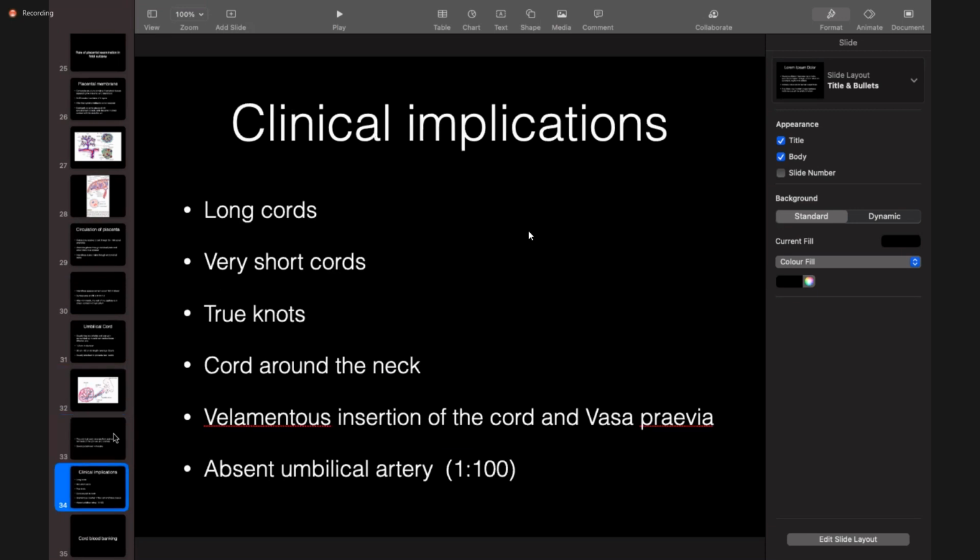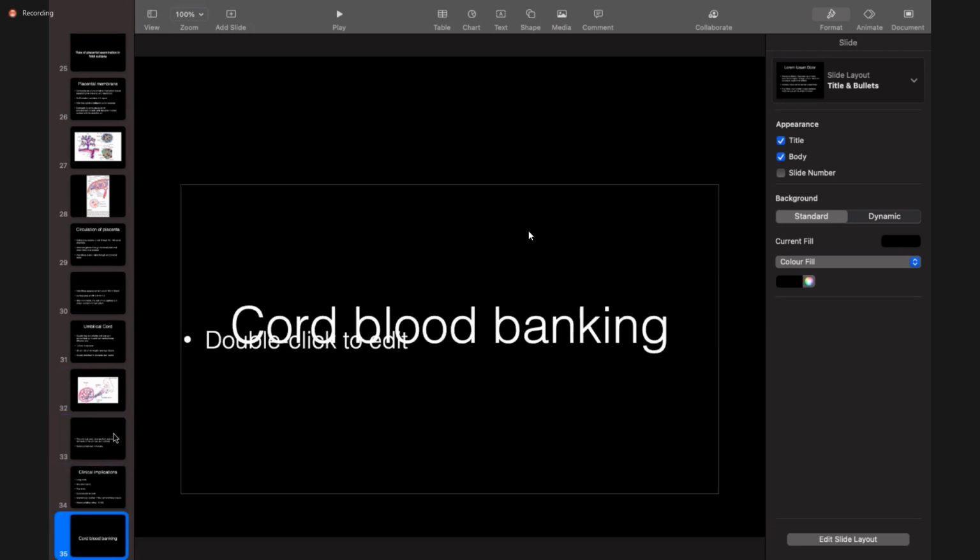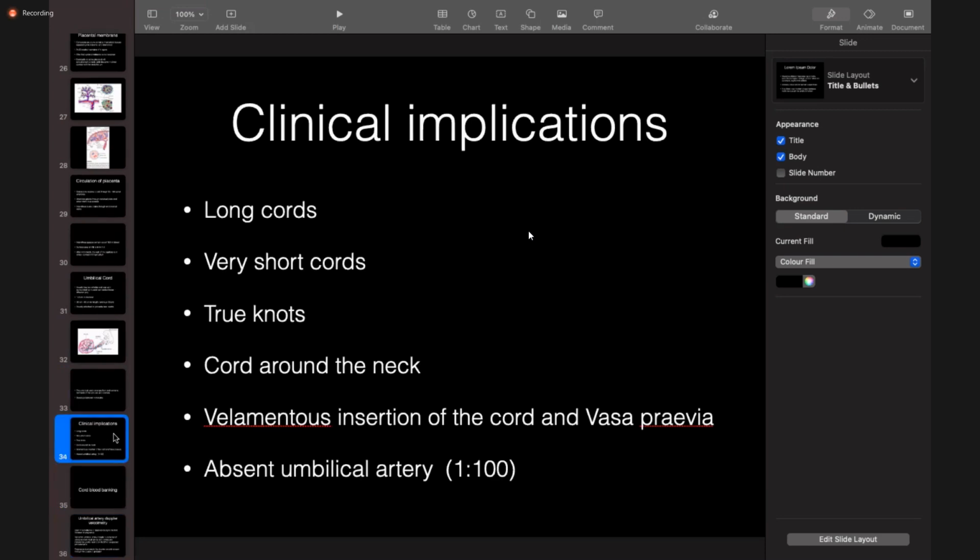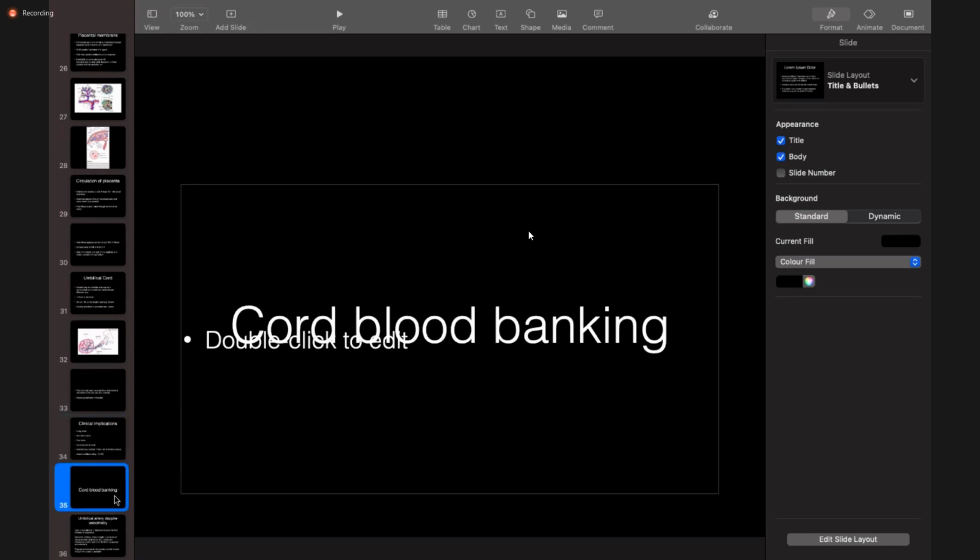That is an abnormality, and it is usually associated with other abnormalities, such as genitourinary problems. So when we see a single umbilical artery, we do a full anatomical survey to find other problems. Whenever you come across a patient with an absent umbilical artery, we should refer for a full anomaly scan.